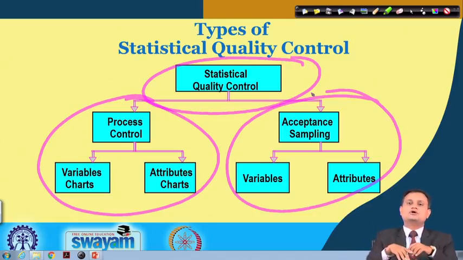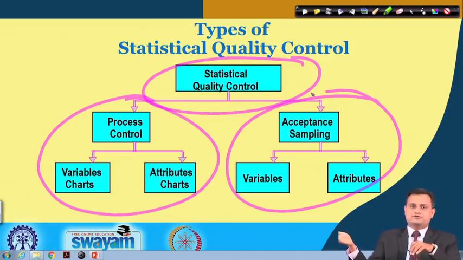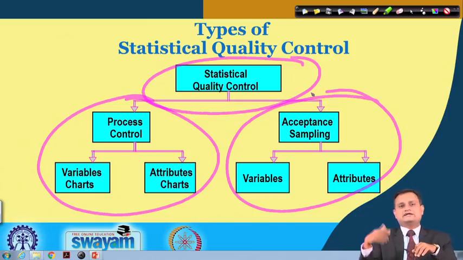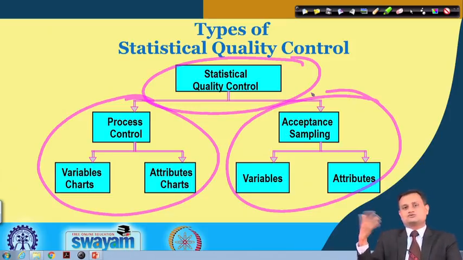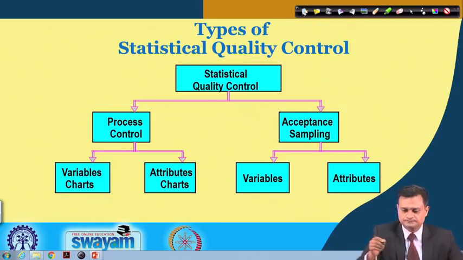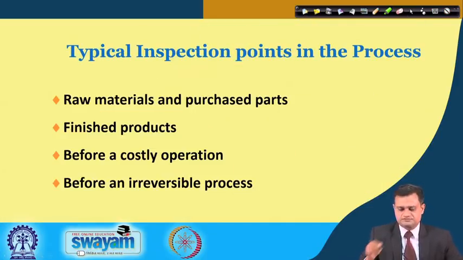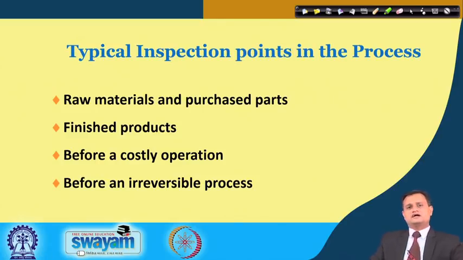Within process control you have the control charts for variables, control charts for attributes. In a similar way, for acceptance sampling, you have the sampling plans for variables as well as attributes. So this is how we try to appreciate the concept of statistical quality control.